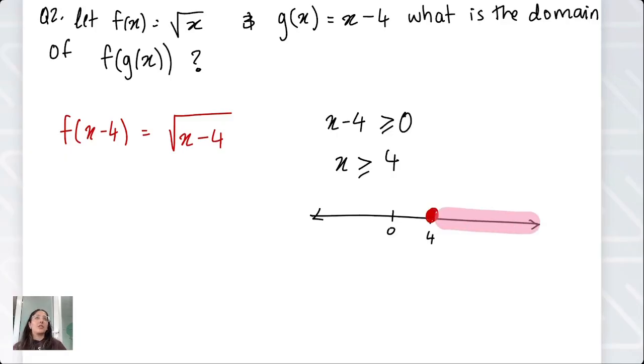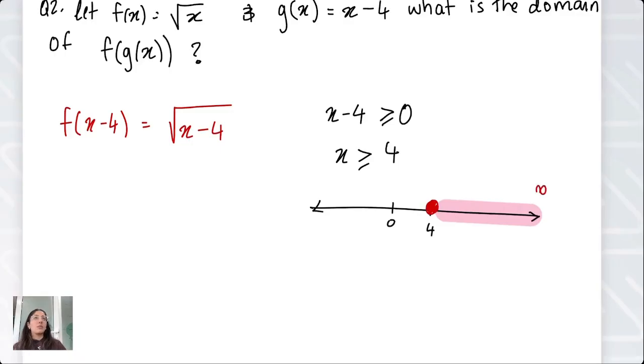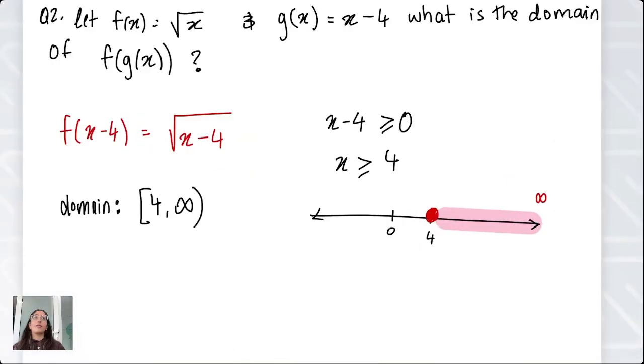To write that in interval notation, remember there's infinity all the way out here, so the domain is inclusive of 4 to infinity with a circle bracket. So did everybody get that for their first answer? Cool. So that's all you would write for that question.